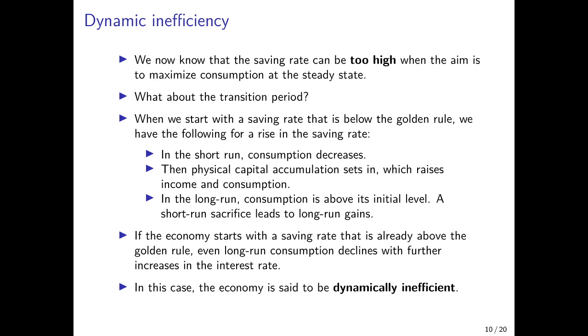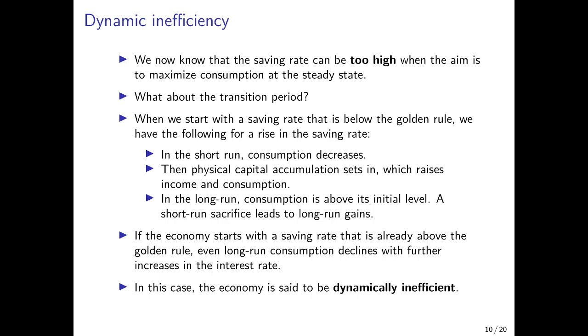This raises the capital stock, production, income, and consumption. And if I'm still below the golden rule saving rate, then the steady state level of consumption would be higher than the initial level of consumption. So a short run sacrifice in consumption due to the higher saving rate would lead to a long run gain, a higher steady state consumption level.